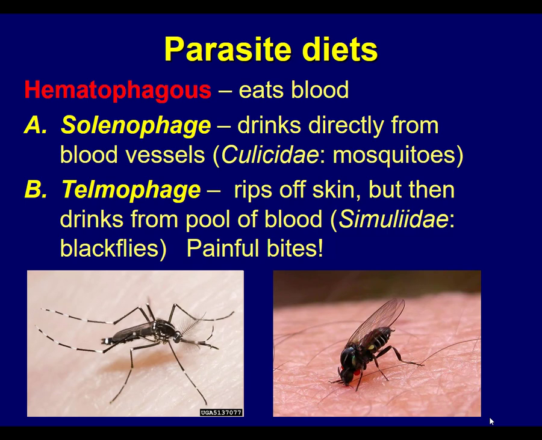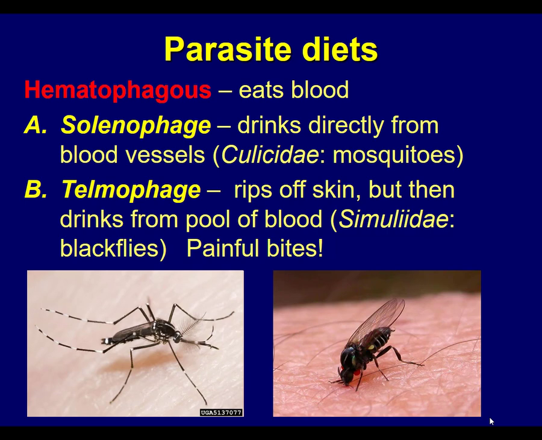Telmophages, those are painful. I have been bitten by those in New Zealand like 15 years ago, and we were at a beach, and those things, you just sit there and ow, and then your arm starts hurting, and you feel all these painful bites, and then you're bleeding in lots of little places on your arms, and all the flies are attracted to that, and they just rip off a chunk of skin, and then as your blood pools up, they drink from it.